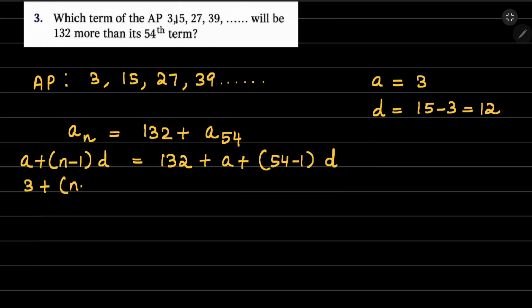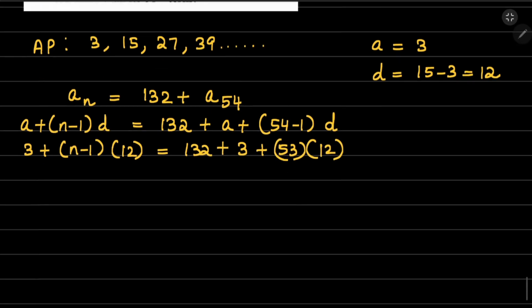A is 3 plus n minus 1 into d is 12 equal to 132 plus 3 plus 53 into 12. Okay, let's solve it. So you have 3 plus 12n minus 12 is equal to 135 plus what is 53 into 12.